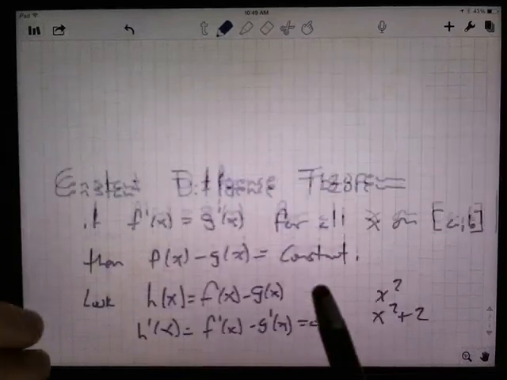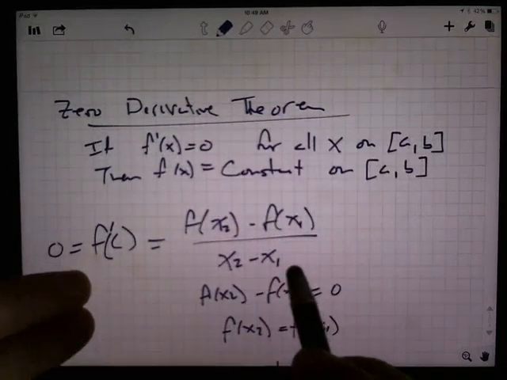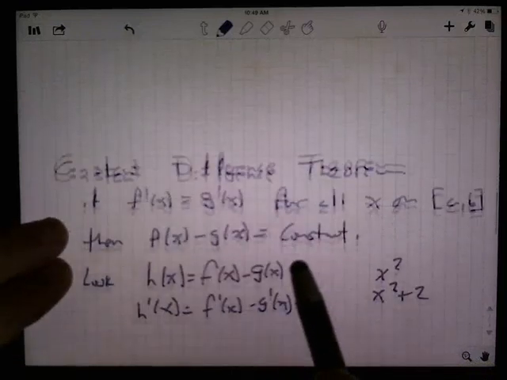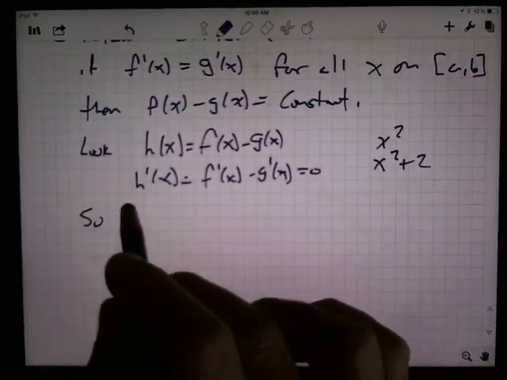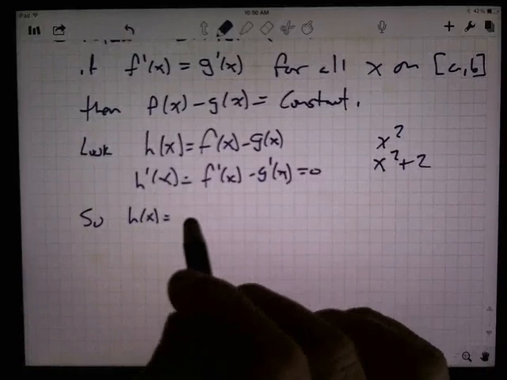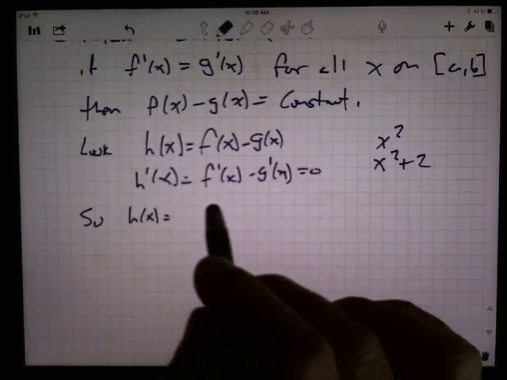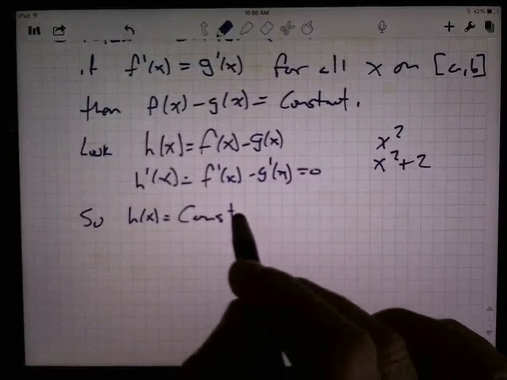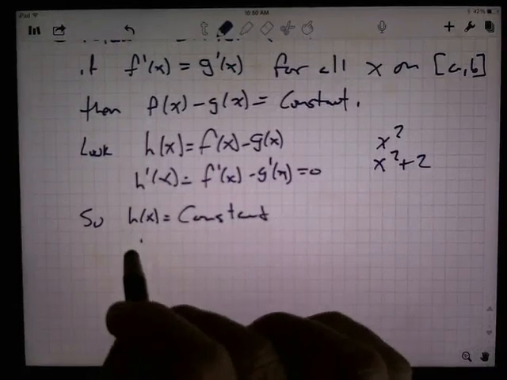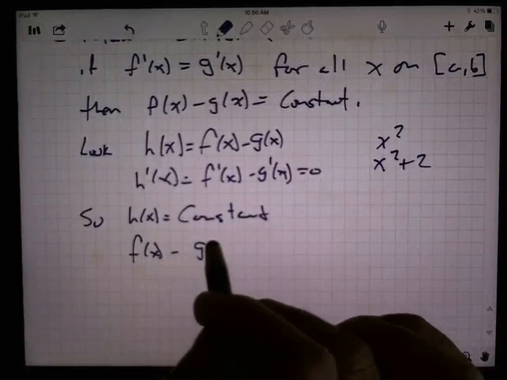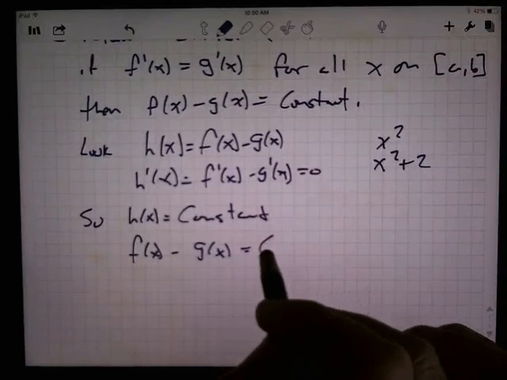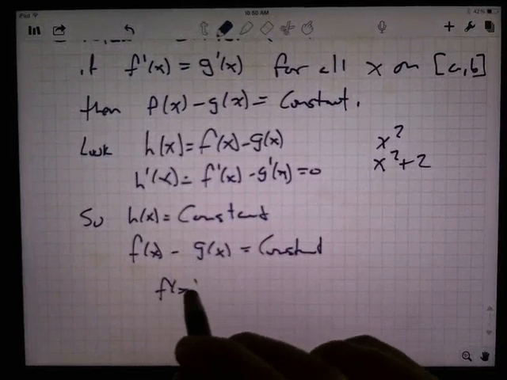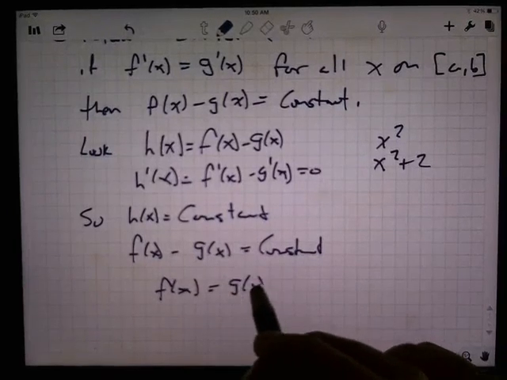So by what we just did up here, by the zero derivative theorem, h must be a constant. So h of x equals a constant, but h of x was equal to f minus g, so f of x minus g of x equals a constant. Or, if you'd rather, f of x equals g of x plus a constant.